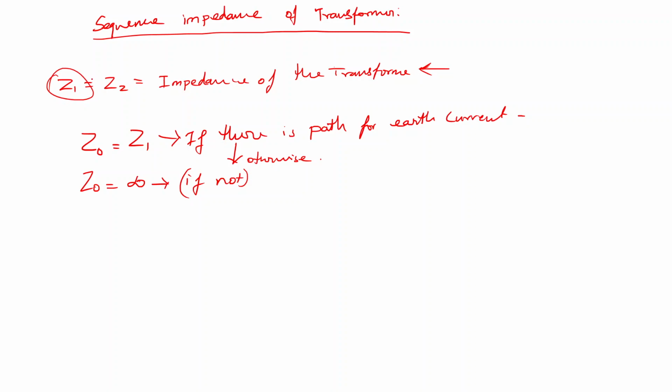You don't want to find out the Z2 value or Z0 value, the negative sequence or the zero sequence, because both are the same. Only make sure that there is a path for earth current, then put Z1, otherwise it is infinity, so it will not exist. So the zero sequence current will not exist.